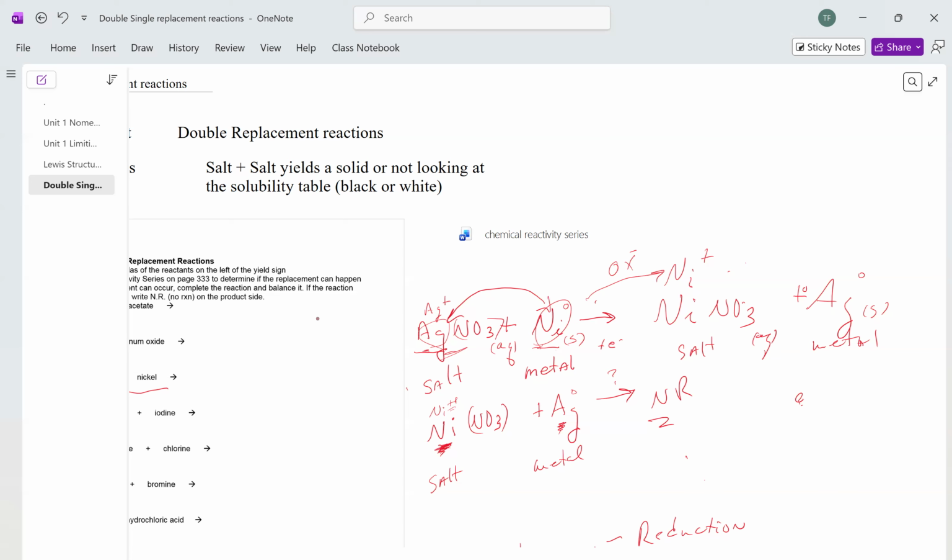If you look on the right here, this is what we started with over here. Same thing. And what we're doing on the top one is oxidizing the silver, reducing the nickel. It's already done down here. So that's why it's not going to go in reverse. This is a one-way trip. It does not go like that, only forward.